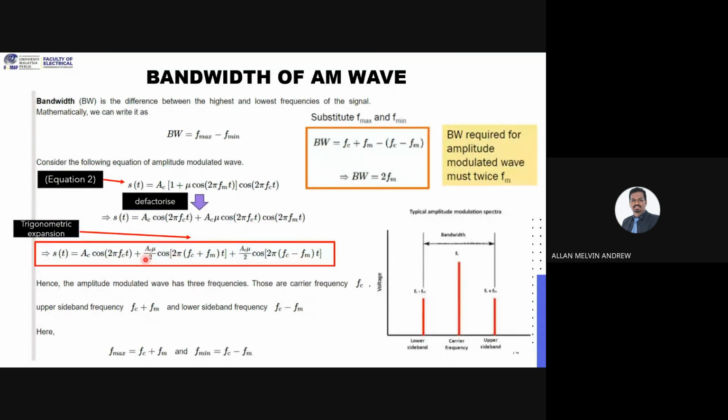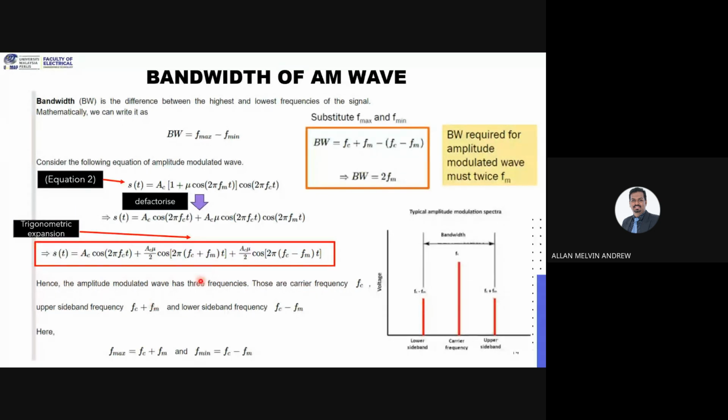Once you expand to this form, you can see the amplitude modulated wave has three frequencies: fc, fc plus fm, and fc minus fm. fc is the carrier frequency, the frequency of the carrier wave.